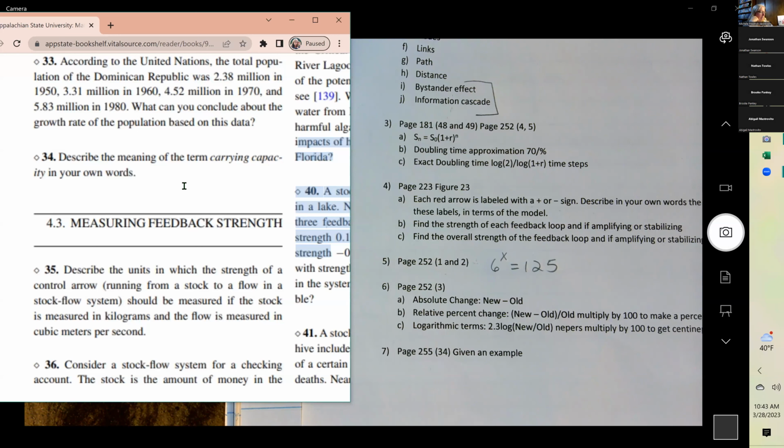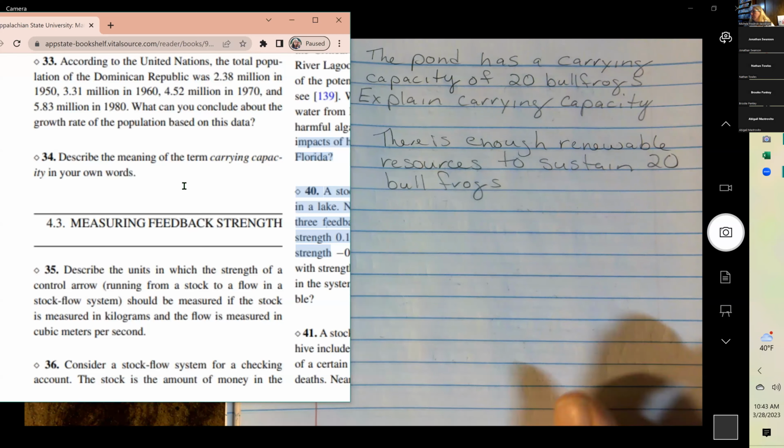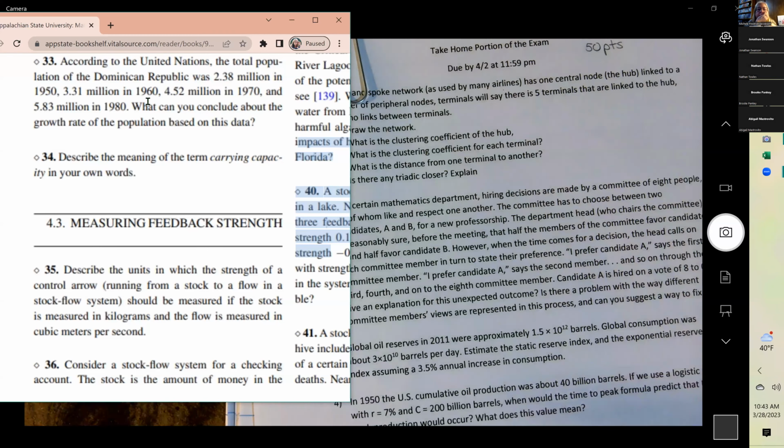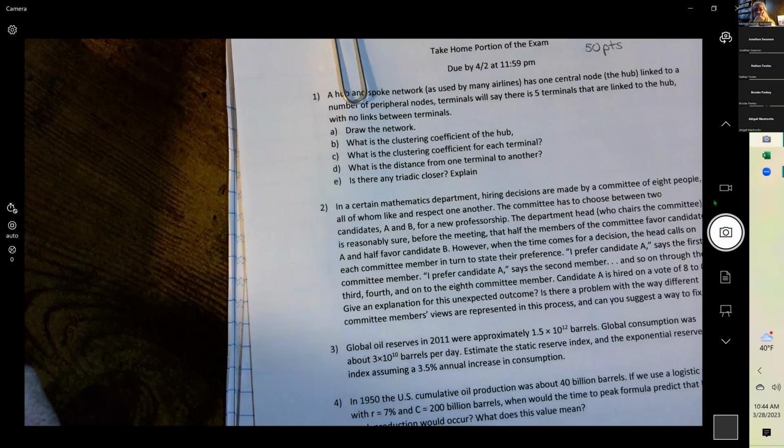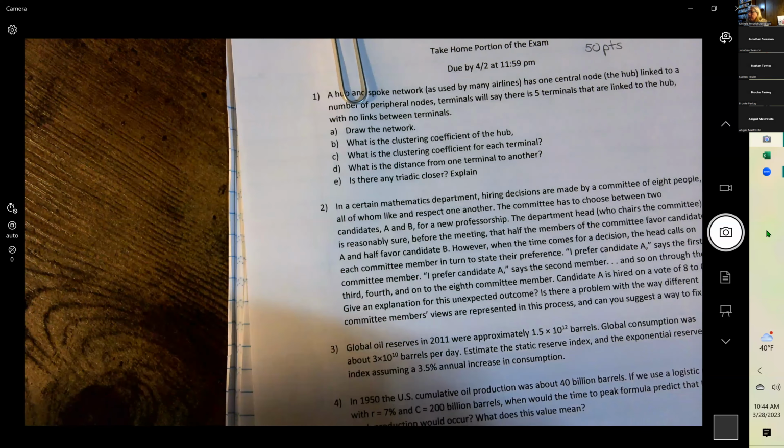Positive? Okay. Has everyone got to look at the take home? I haven't yet.